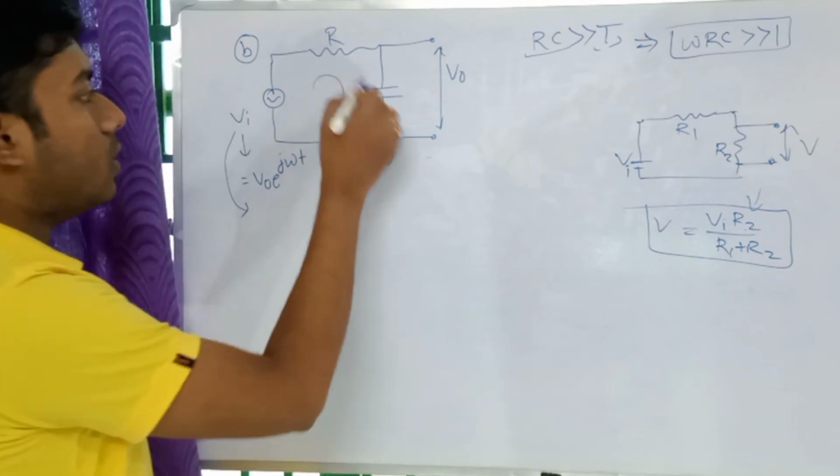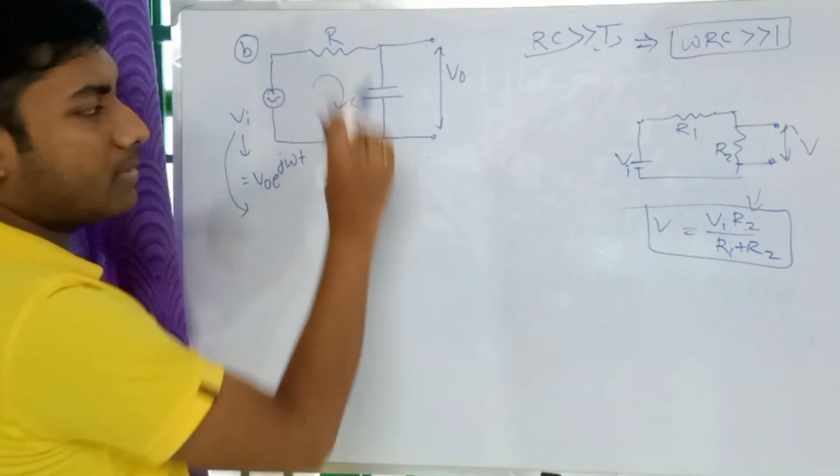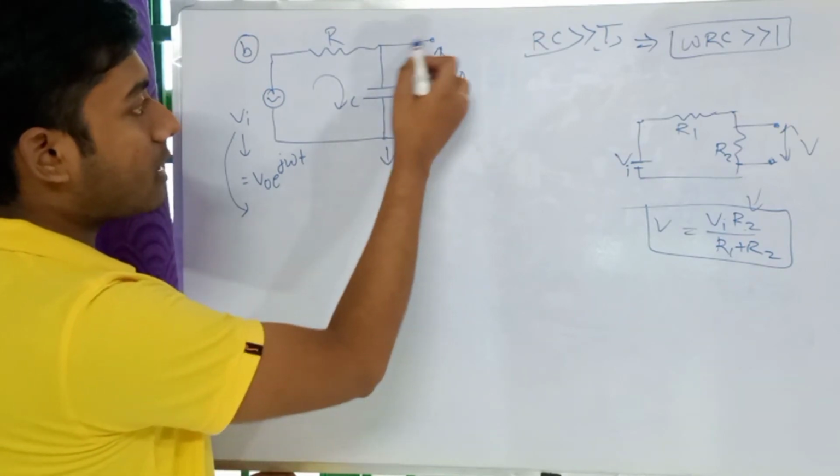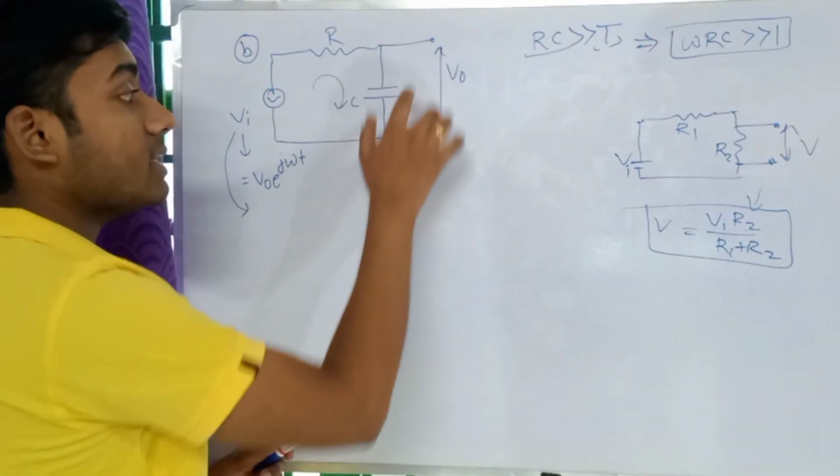For this loop, we want to calculate V naught, that is the potential drop across these two terminals.